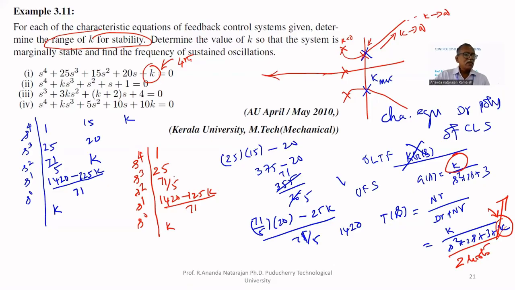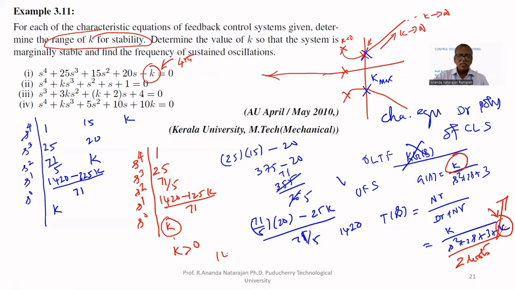What is the first condition? From the s power 0 row, k must be greater than 0.